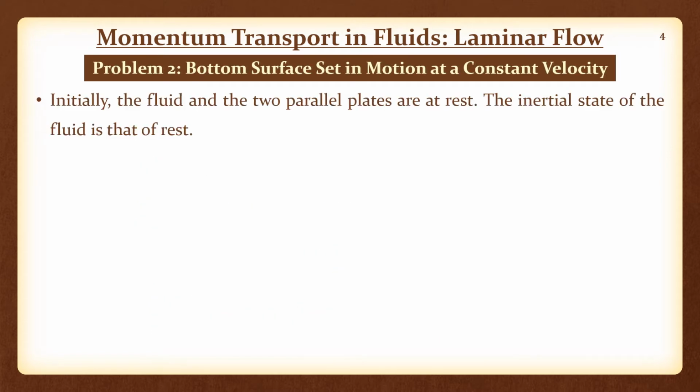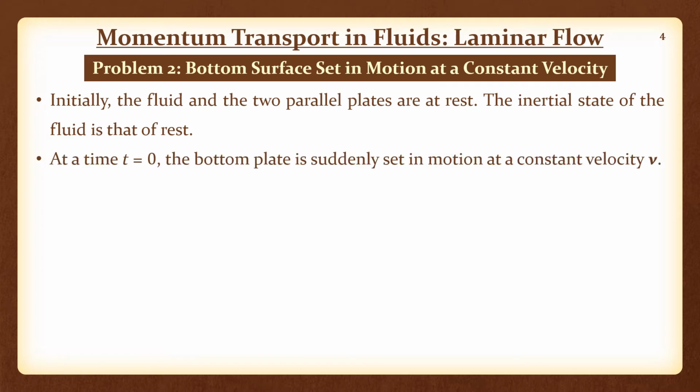Now initially, before the bottom surface is set in motion at a constant velocity, the fluid and the two parallel plates are at rest, and therefore the inertial state of the fluid is that of rest. At time t equal to 0, the bottom plate is suddenly set in motion at a constant velocity v, which is simply vx times i.